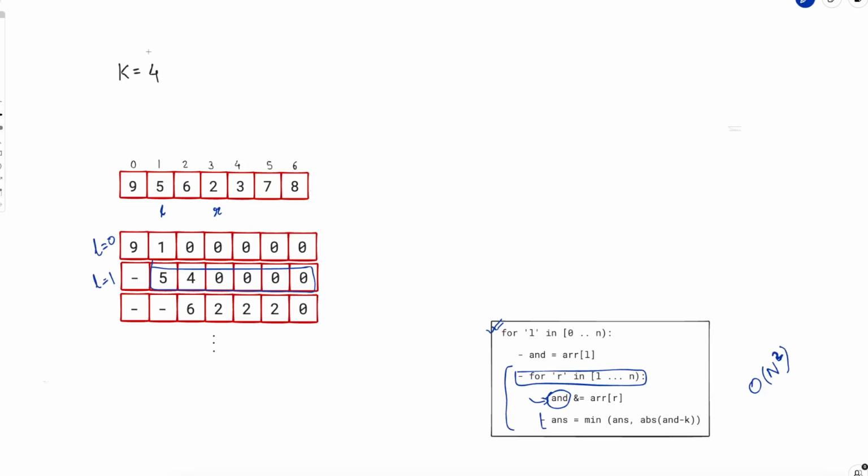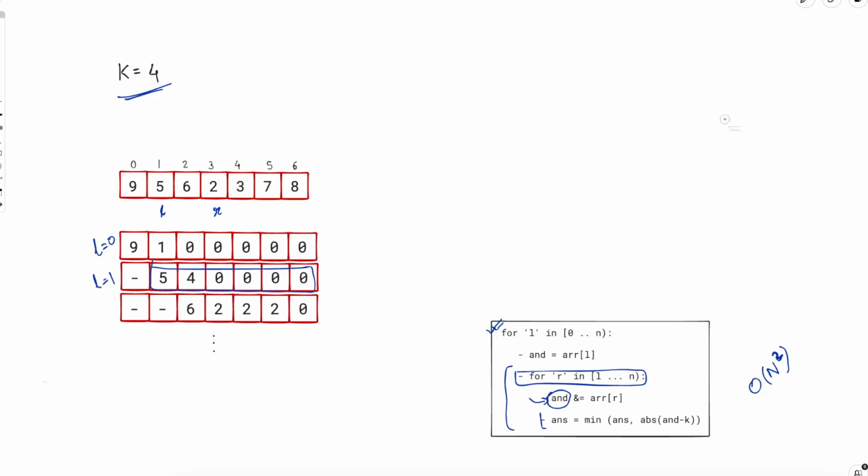You can simply figure that out, and you will get which element is closest to 4. In this case, you will get that this element is closest to 4, and hence you can simply subtract these two values to get the final minimum difference that is possible between k and any bitwise AND, right?